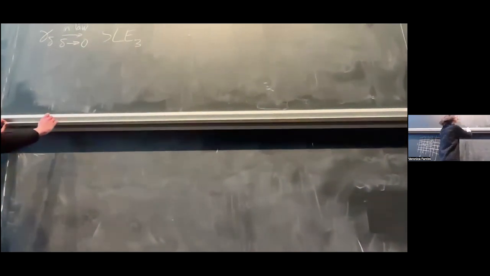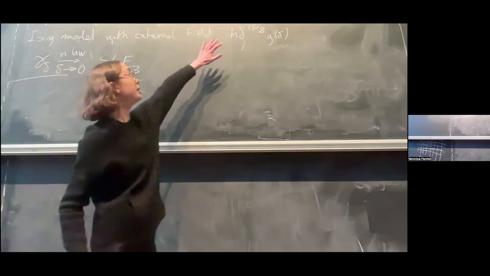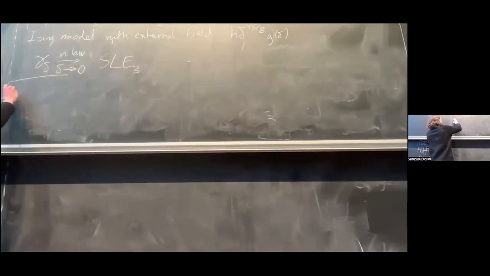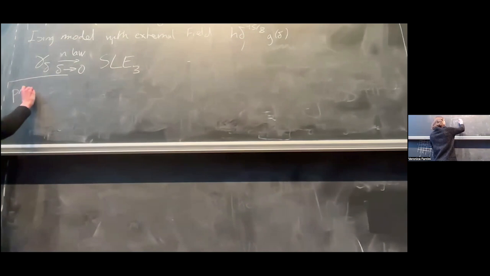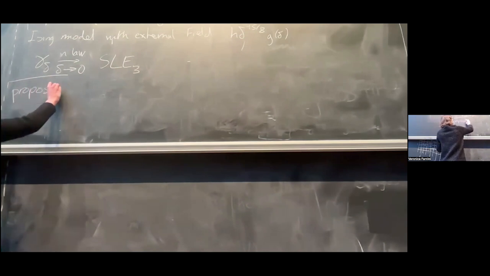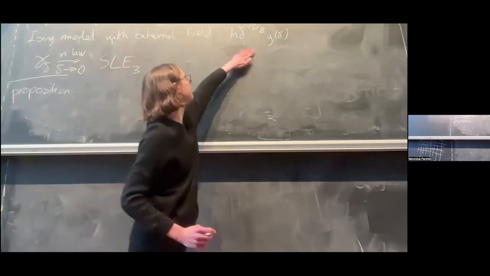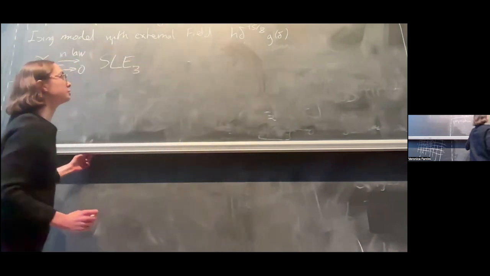And now, the other result is, okay, this is for when the field is small, but now what happens when the field is large? Here h is a constant, but it could be a bounded continuous function.